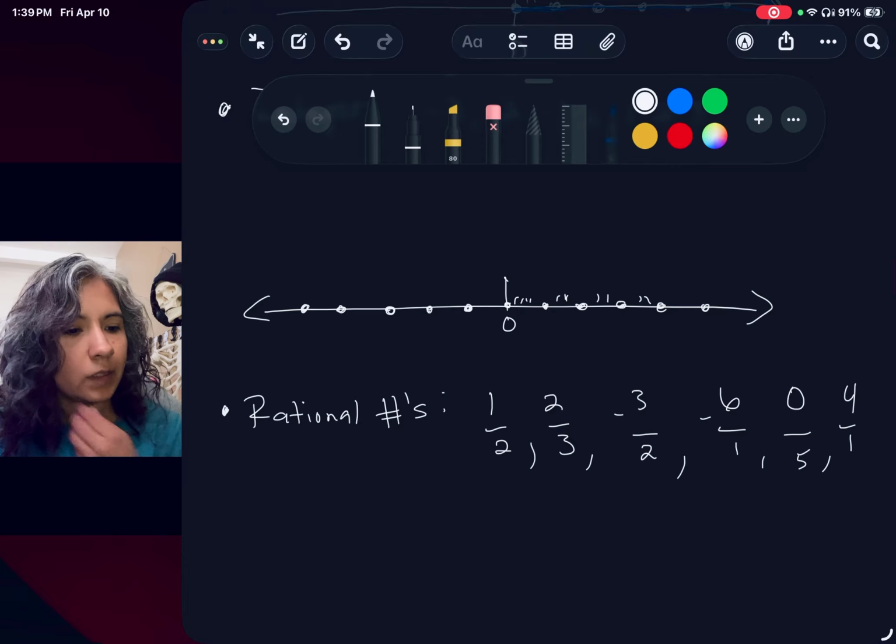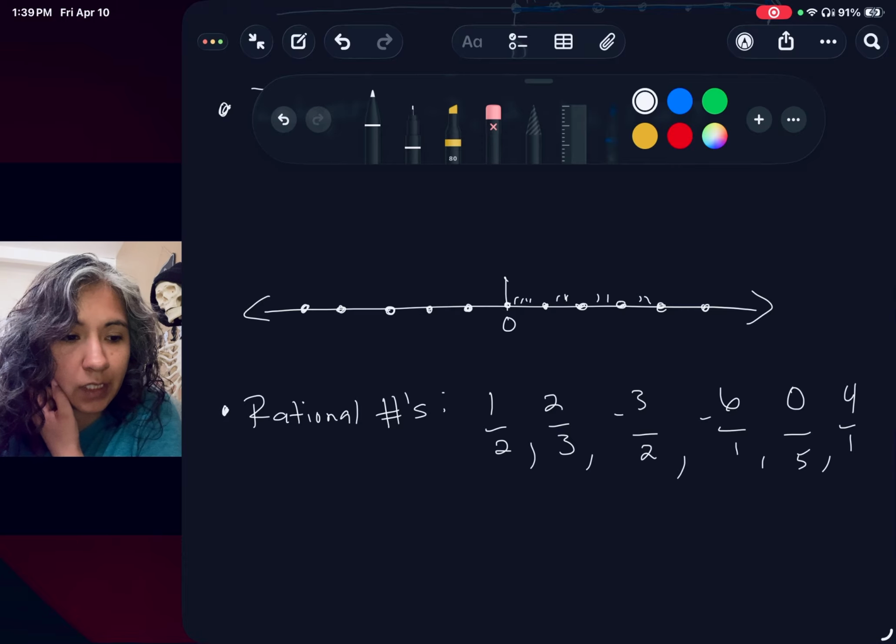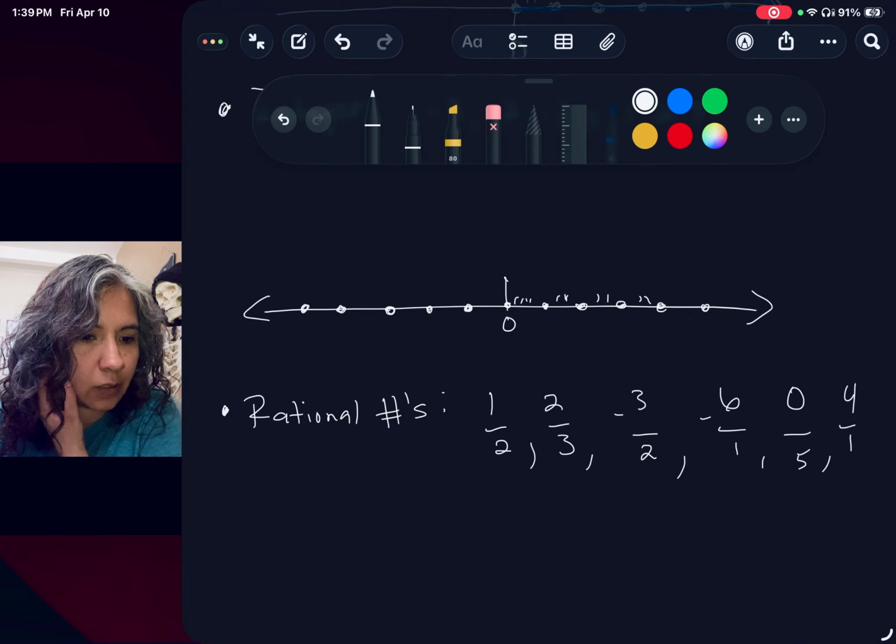They're all ratios or fractions of integers.